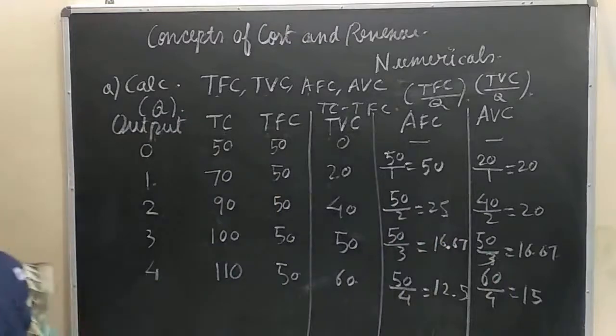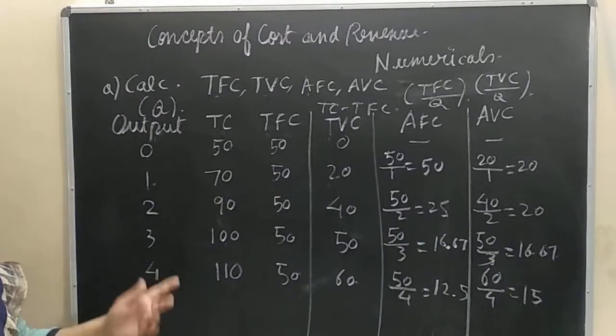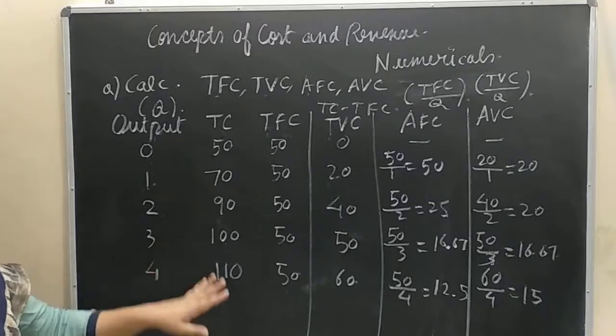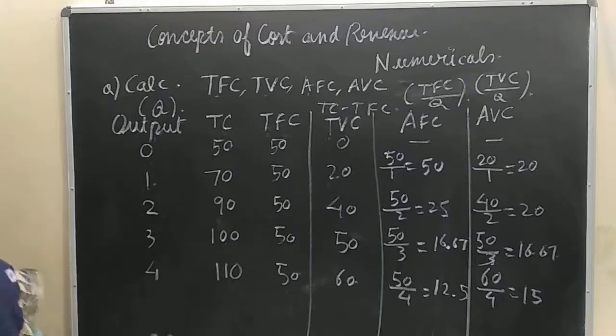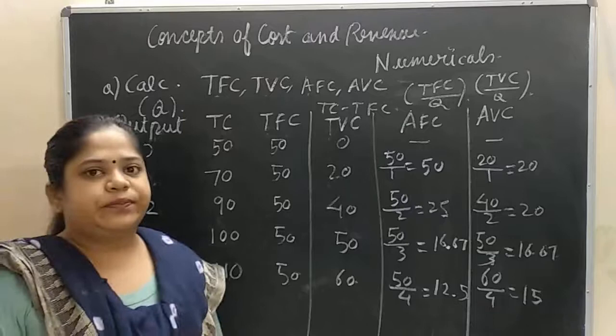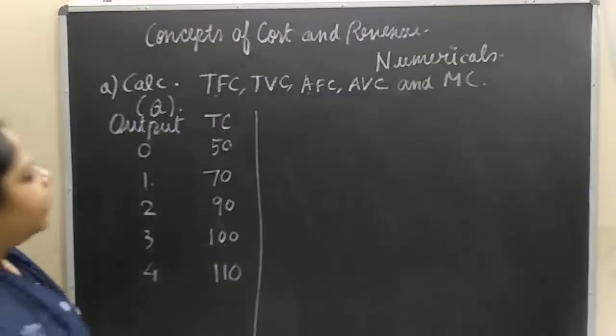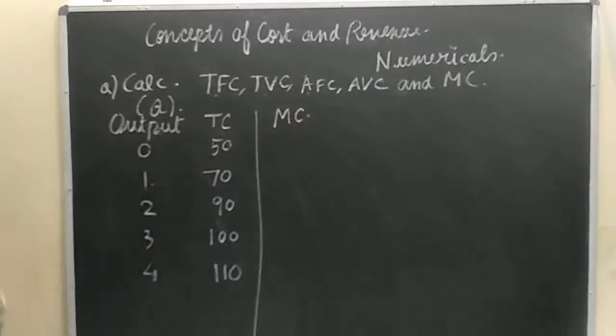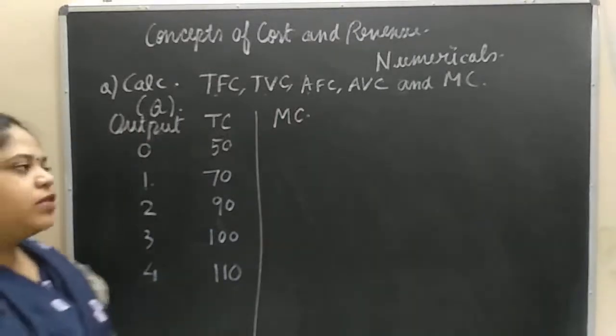Please copy this, I'll rub everything and do the marginal cost explanation then. Now see the calculation of marginal cost or MC. How do you calculate MC? Marginal cost is the addition to the total cost. What is meant by marginal cost?